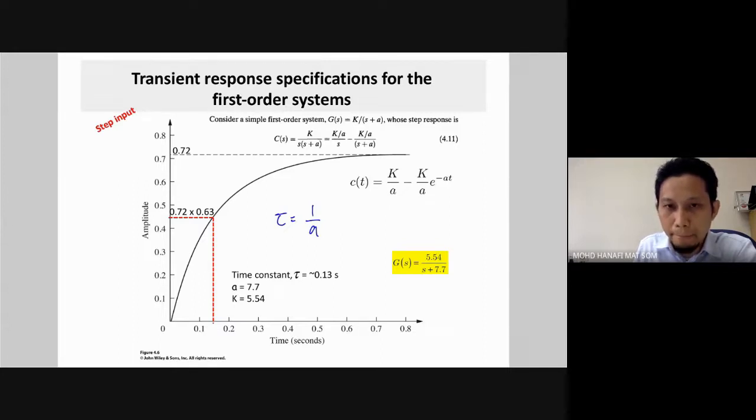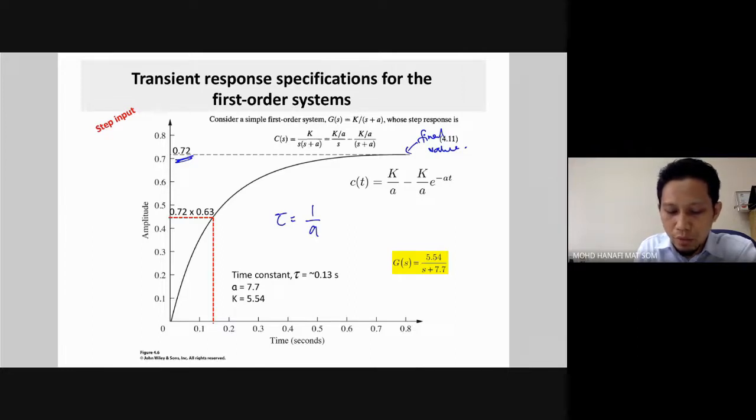We know that tau is the time taken to reach 63% of its final value. So this is the final value. Let's say the final value is 0.72. So we can find the final value multiplied by 0.63.